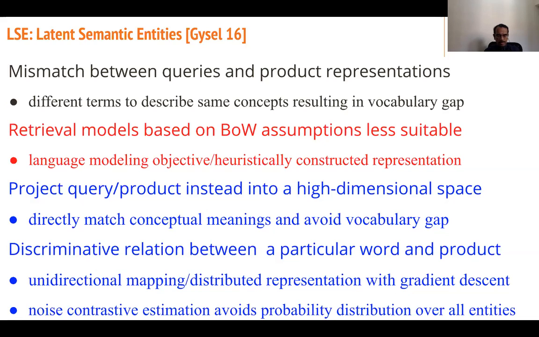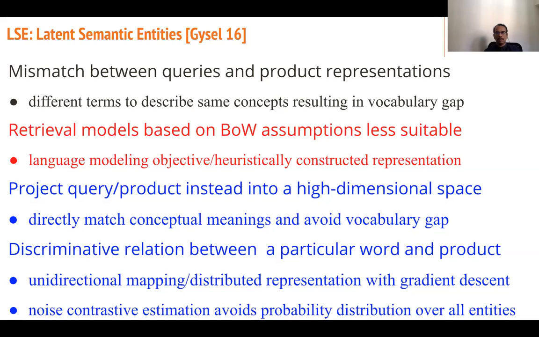These generative approaches compute the full property distribution over entities. We need to avoid this, rather with a discriminative approach, and that's possible if there's enough training data. So what's the overview of such an approach? Basically, project a query and product into a high dimensional space.